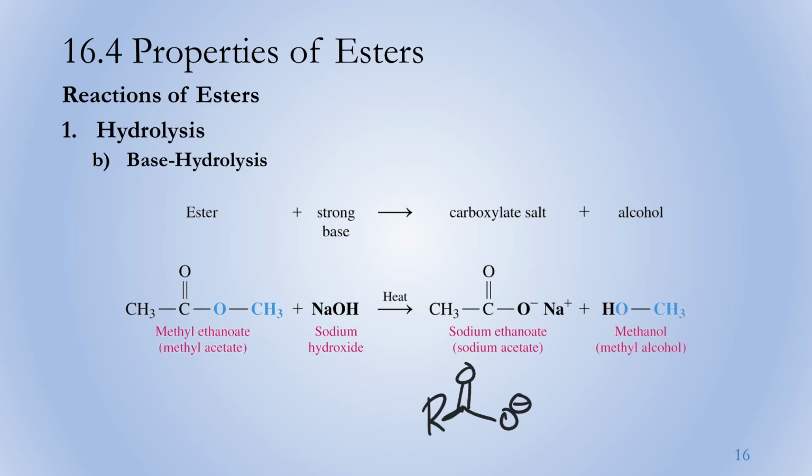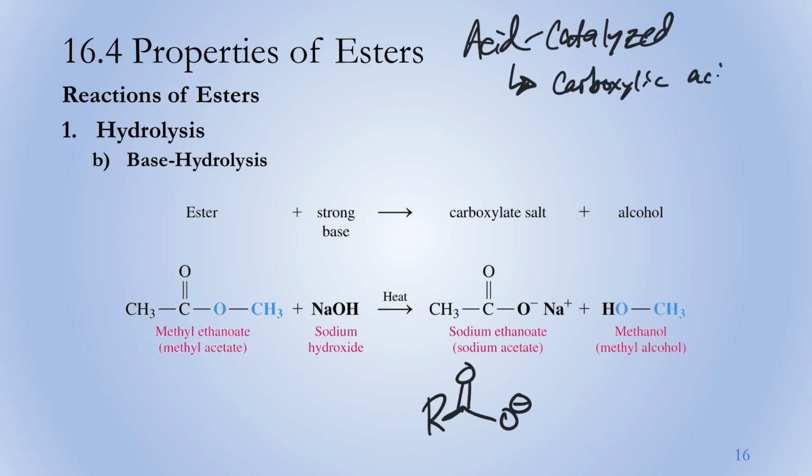So one way to really differentiate between acid catalyzed and base hydrolysis is that the acid catalyzed is going to make a carboxylic acid. I mean, the solution it's in is acidic, and so you should expect a carboxylic acid to be there, whereas the base hydrolysis is going to yield a carboxylate salt.